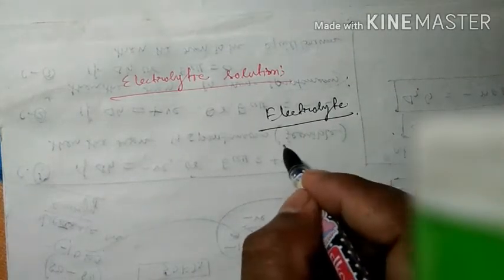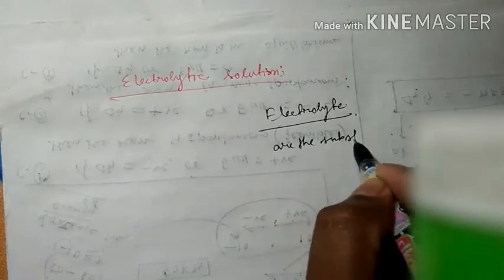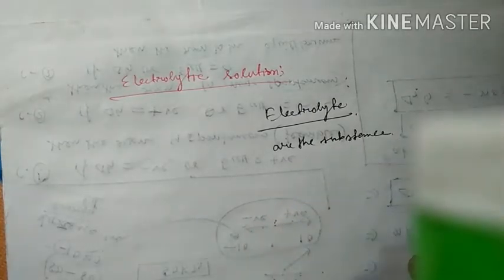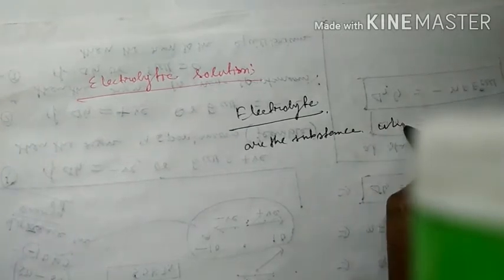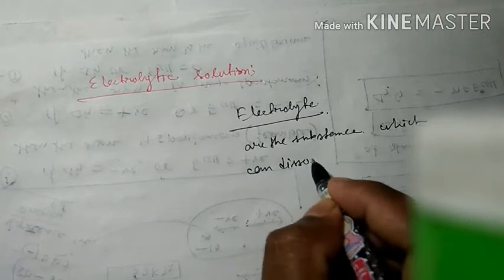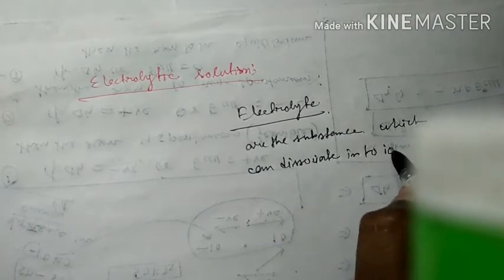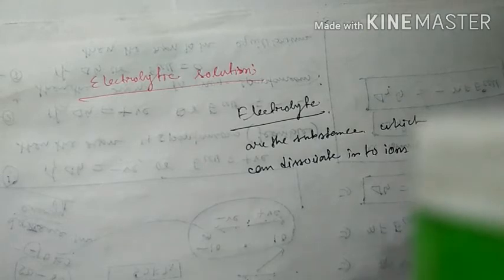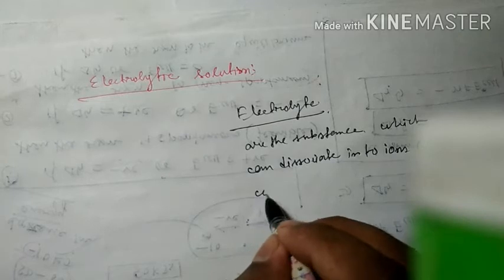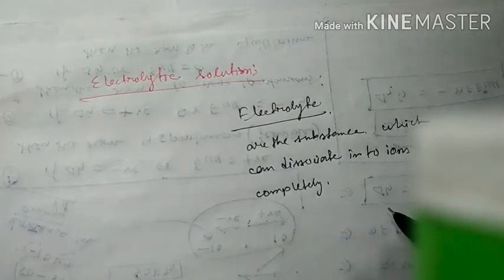See, electrolytes are the substances which can dissociate into ions, that means positive and negative ions, completely. Remember this one, completely. A substance which can dissociate into ions completely is called an electrolyte.